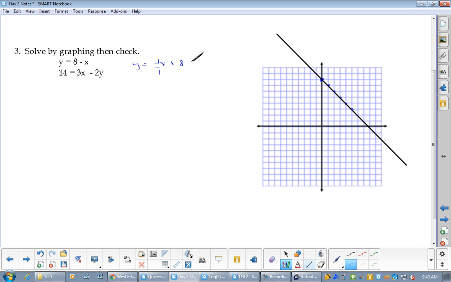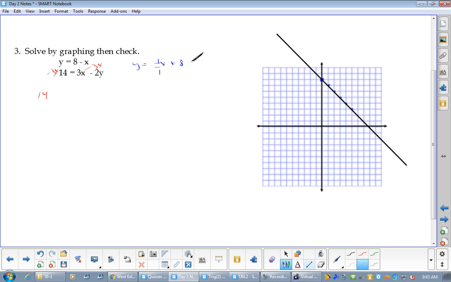Now, the other one, I want to get it so it's y equals. So the first thing I'm going to do is, what's my first step on that second equation? Minus 3x to both sides.